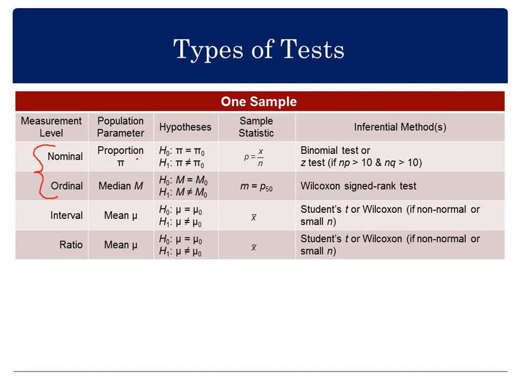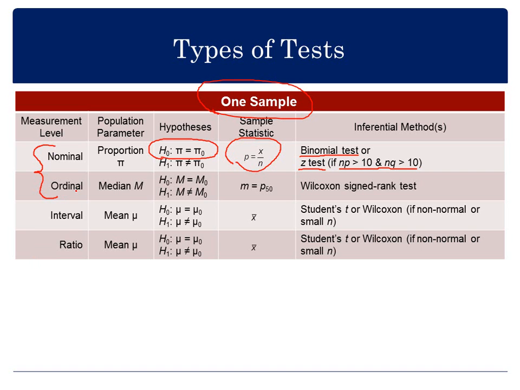So it makes sense then, if we're asking questions about whether there is a difference in this population from some other known population, that we would talk about hypotheses in terms of proportions. When we talk about proportions, the sample statistic is just a proportion. And we use, for instance, a binomial test or a z-test if we have a large enough sample. And again, this is for one sample methods.